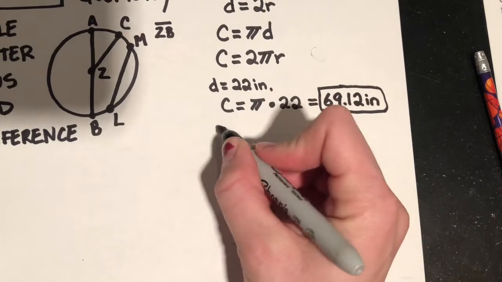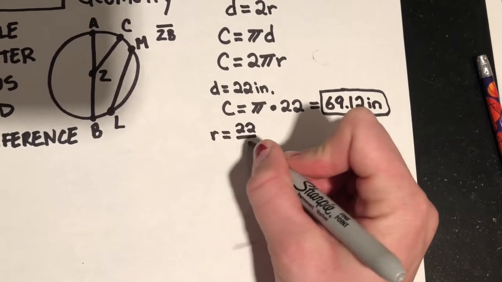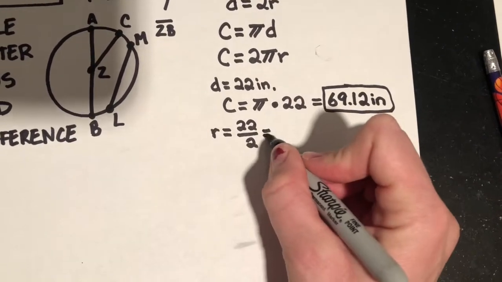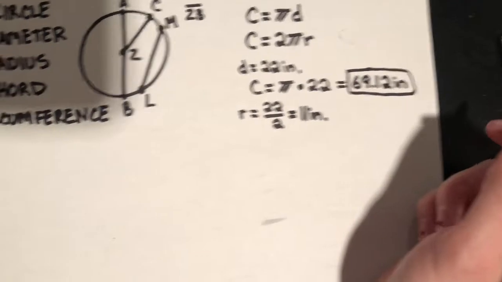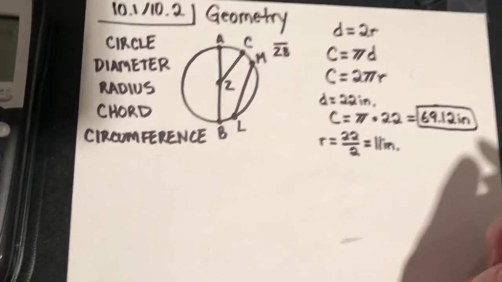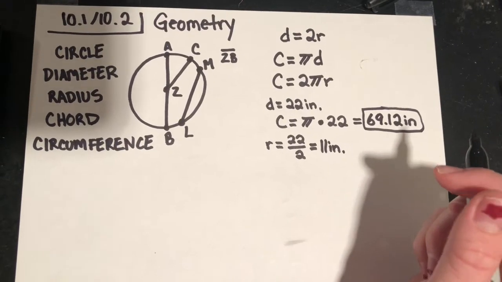If I was to ask you the radius of the circle, you would divide 22 by 2, and it would be 11 inches. Hopefully that helps you guys with 10.1, and I will go on to 10.2 next.